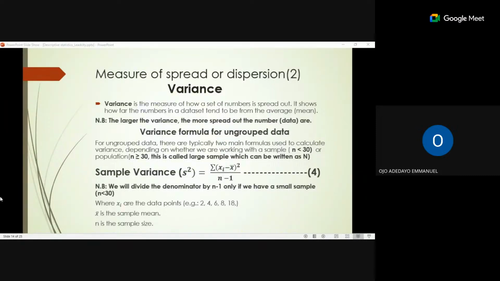My observation there is 100. It is greater than 30, so I have a large sample size. If I have from 1 to 30, my observation is 30, and I have a large sample size. It is only when my observation is less than 30 that I have what we call a small sample size. Do we get that, please?